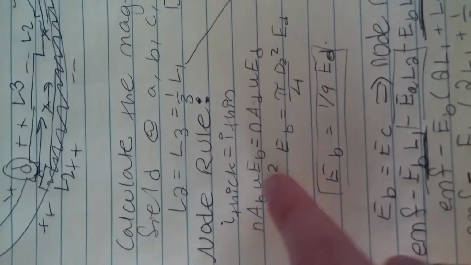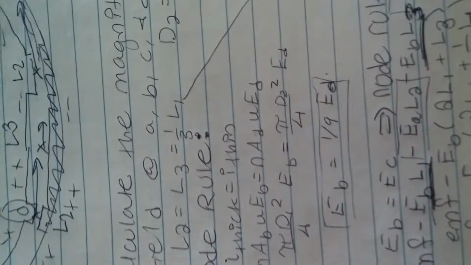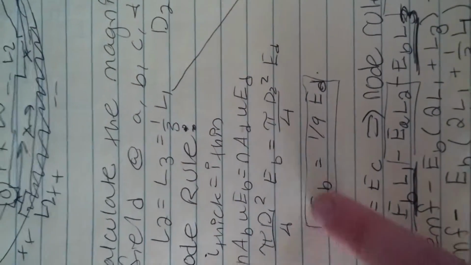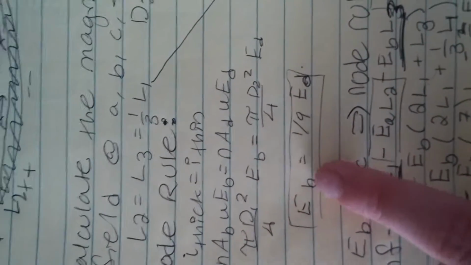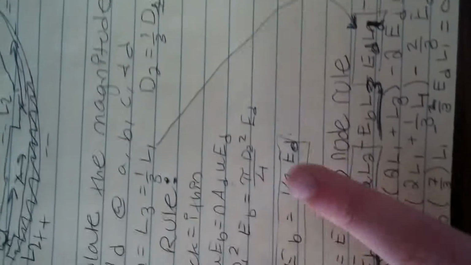Note that I did use D squared, even though it probably should be an R squared, but since they canceled out, I was lazy and just wrote D anyway. And the 4's would cancel too, and so would the pi's. So that leaves us with EB is equal to 1/9 ED. So that's what we have there.